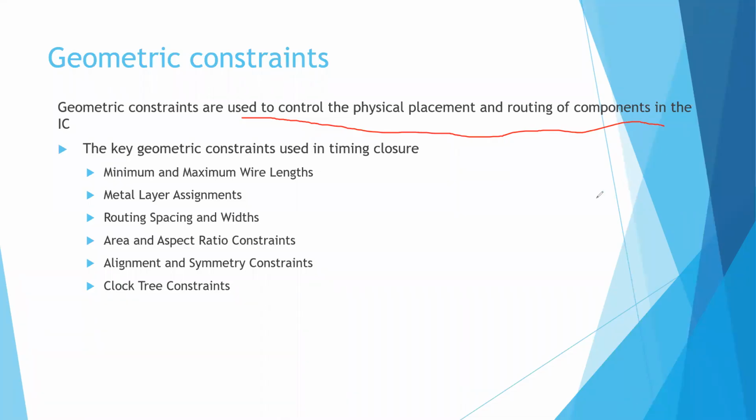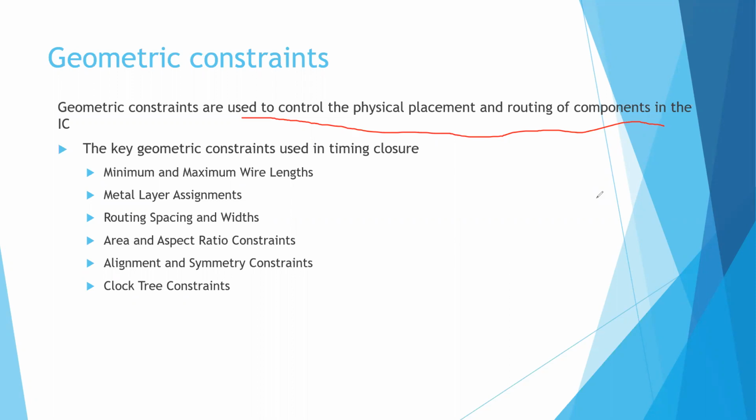Designers rely on the EDA tools, like electronic design automation tools, that consider these geometric constraints to perform place and route optimization and timing analysis. By adhering to these constraints, we can say that the timing closure can be achieved.